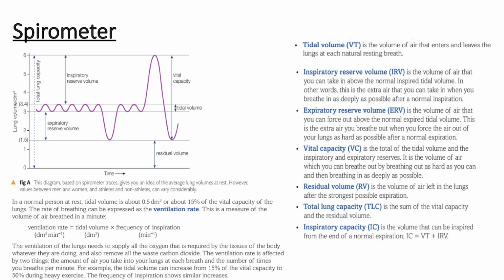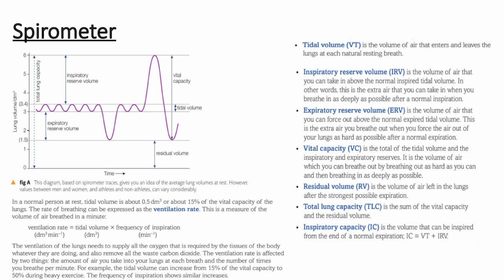I'm not breathing quickly or rapidly. So the breath that I'm taking right this moment is my tidal volume. That is the natural resting breath.